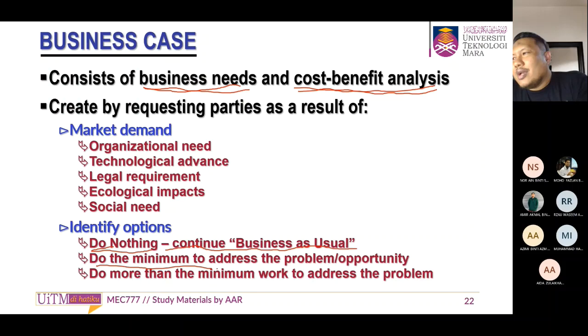Do minimum to address the problem and opportunity. This is another option, which we do not accept. Do more than the minimum work to address the problem. We try to avoid this.